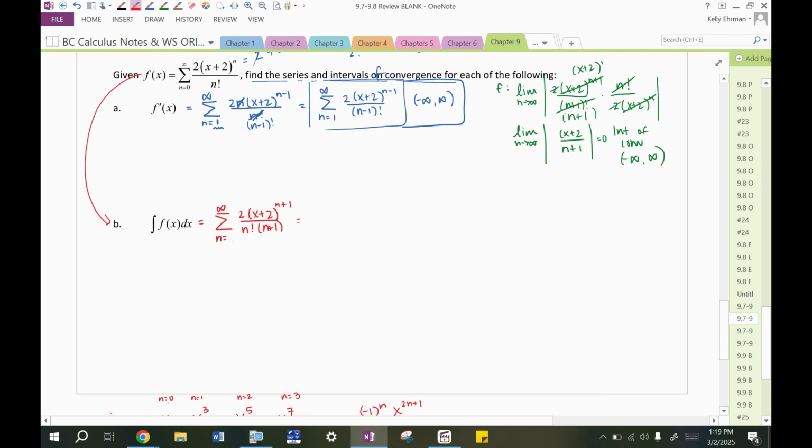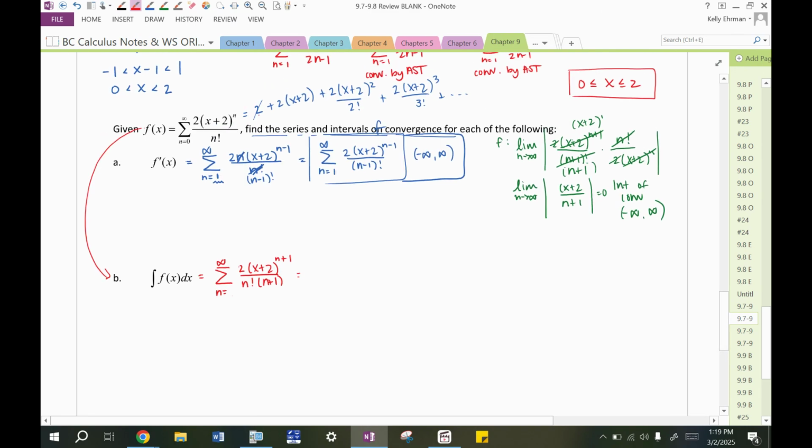And let's see, what should the terms be? So the first term should be 2 times x plus 2. So if we put in a 0 here, that should make that happen: 2 times x plus 2 to the first over 0 factorial times 1 factorial. Those are both equal to 1. So yeah, that's right. I'm just going to clean this up a little bit.